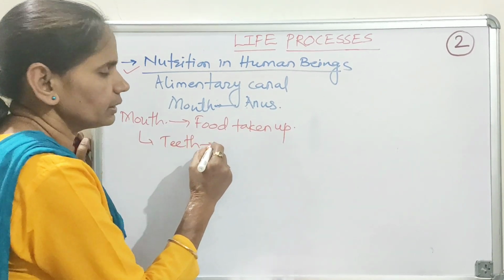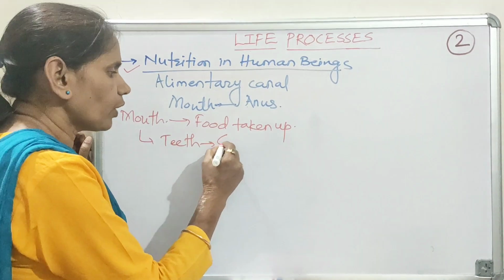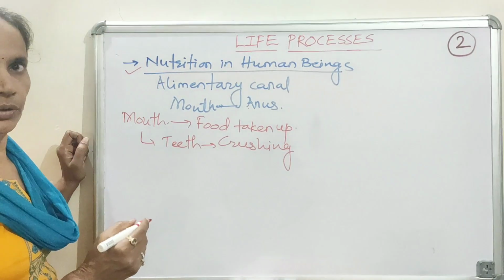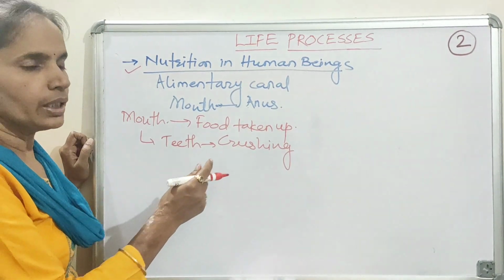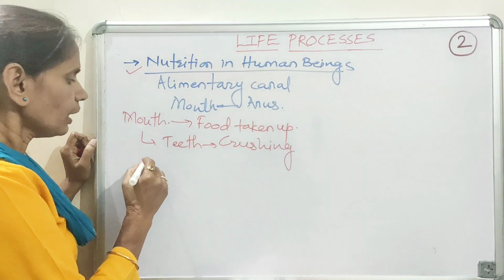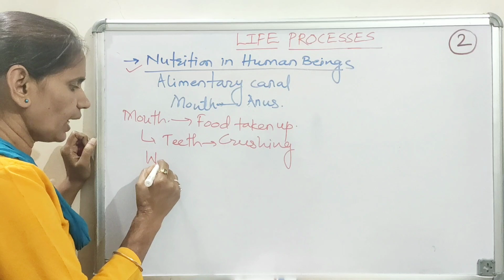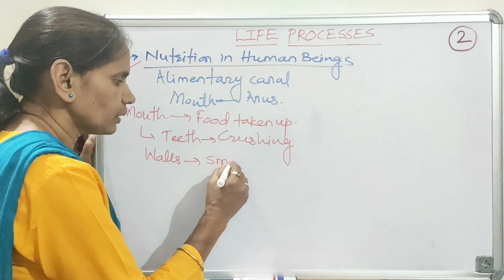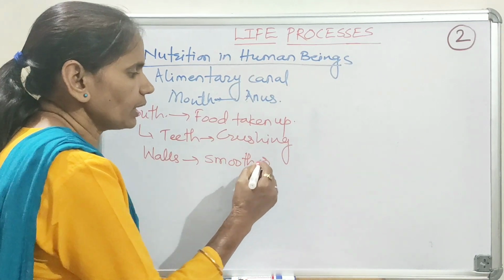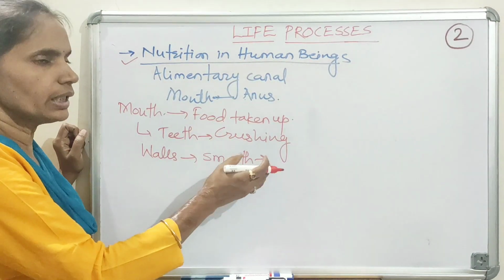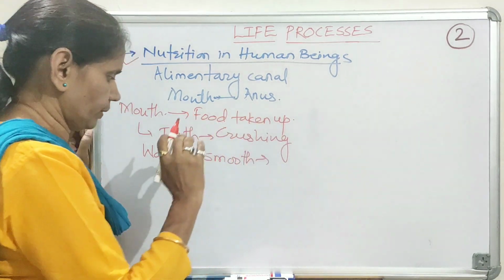These teeth are responsible for crushing the food, so that it is converted into particles of same size and texture. The inner walls or linings of the alimentary canal are smooth, so that they continuously keep the food moist, so that it will be easily swallowed.